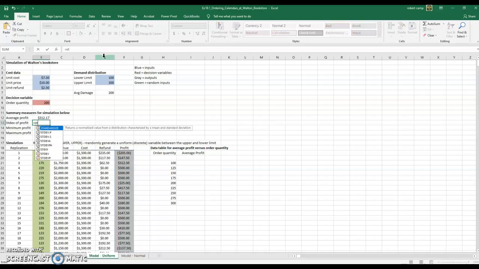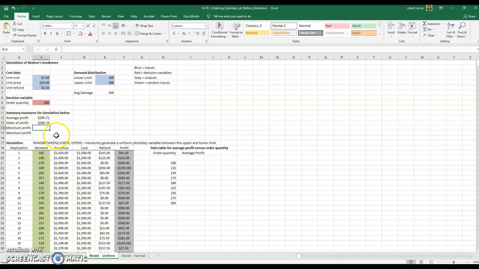So standard deviation of the population, because we have the whole population. I'm just going to Control-paste in that array range. So we get our minimum, paste in that array range again. And then we're going to go to our maximum and paste in that array range.